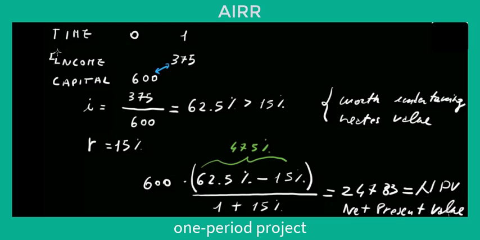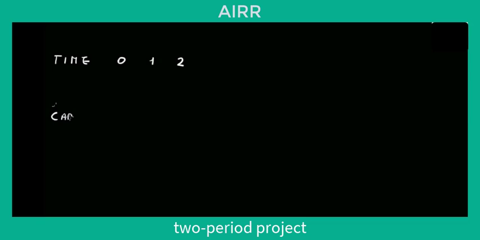Let us generalize the discussion to a project with 2 periods. Consider a 2-period project, which means that we have to do with 3 dates: 0, 1 and 2. Suppose that the capital invested in the first period is still $600.